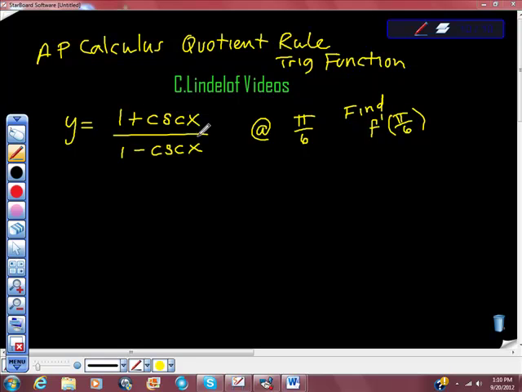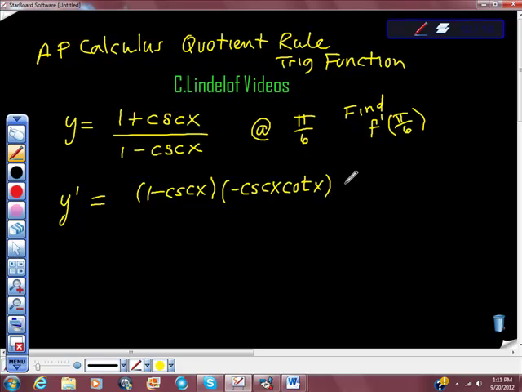We know that because we have a function in the numerator and in the denominator, so we know it's a rational function, so it's a quotient. So I'm going to start breaking this out. I'm just going to fit this into the mold of the quotient rule. So I'm going to have g of x, and g of x is 1 minus cosecant x times f prime at x, which is negative cosecant x cotan x.